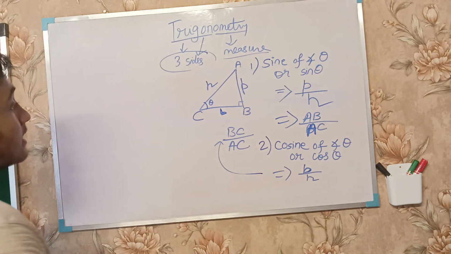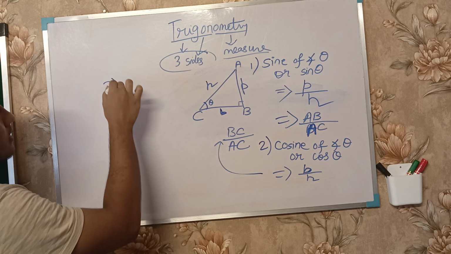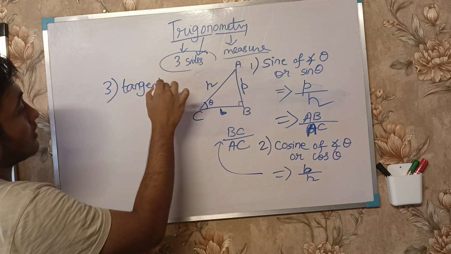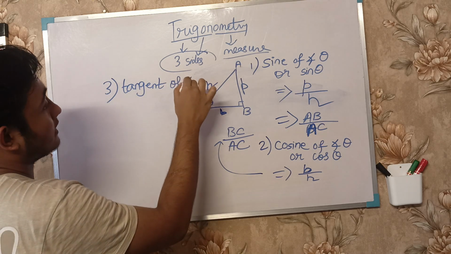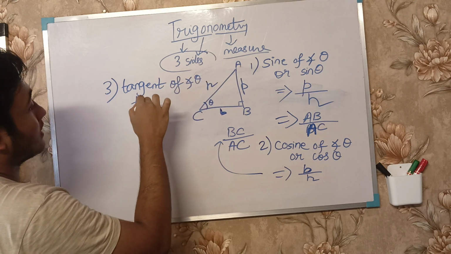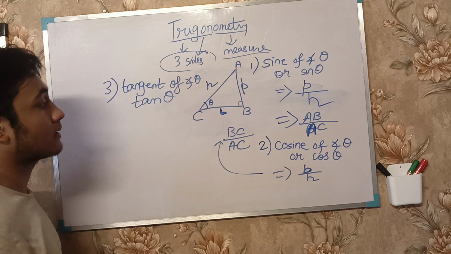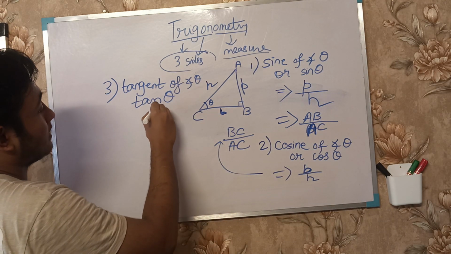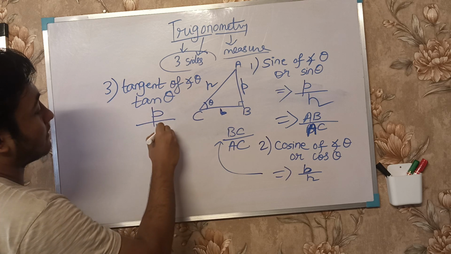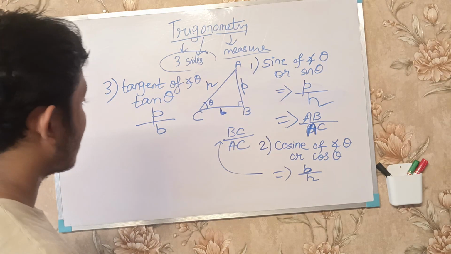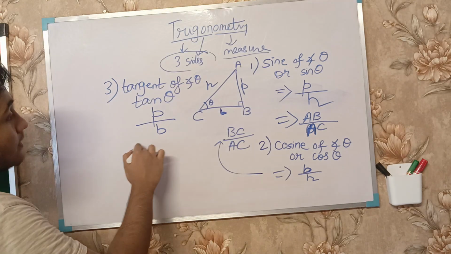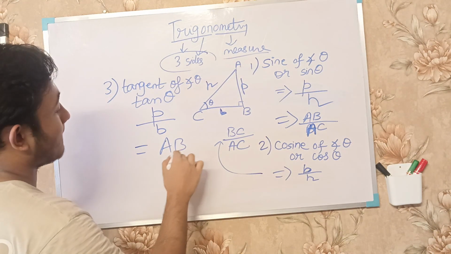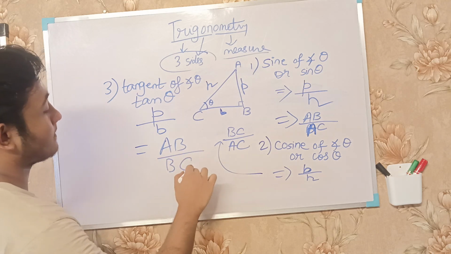Now, the third thing that we are going to learn is the tangent of angle theta, or tan theta. The tan theta is the perpendicular by base. In this case, it is perpendicular AB by base BC.